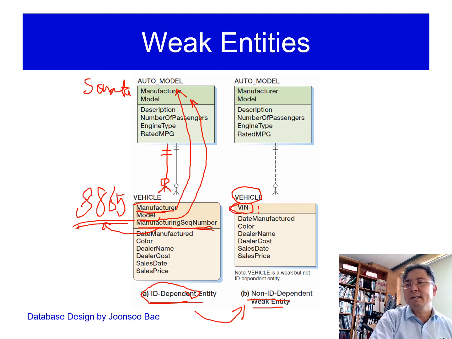VIN is a very common word in America to identify each vehicle. This VIN number is an artificial primary key, a surrogate key.